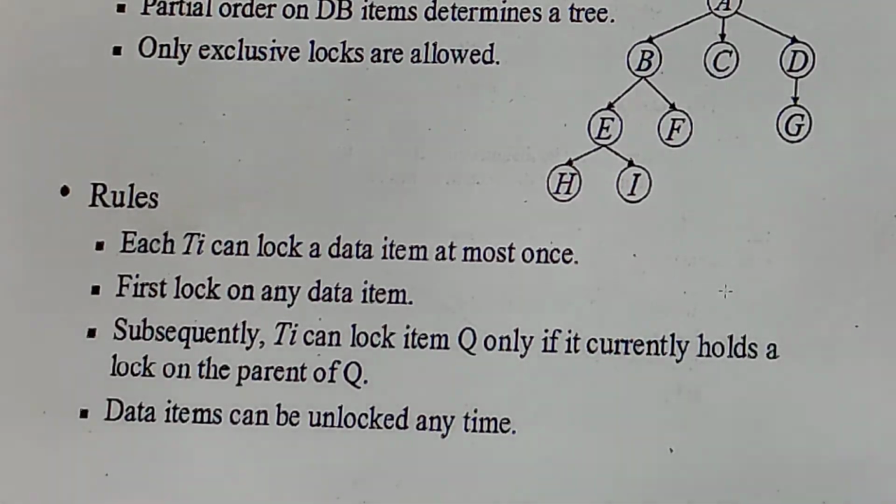But the locking sequence matters. The locking sequence is according to the partial ordering among the data items, but data items can be unlocked anytime. Unlocking sequence doesn't matter, locking sequence matters, right?